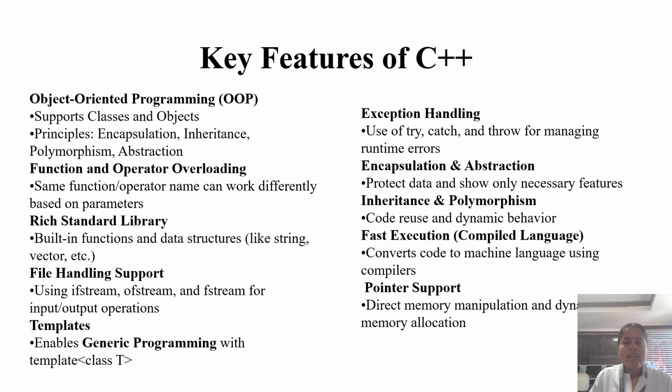And the key features of C++ are, first, object-oriented programming. What is meant by object-oriented programming? It supports classes and objects, and it has the concepts of encapsulation, inheritance, polymorphism, and abstraction.